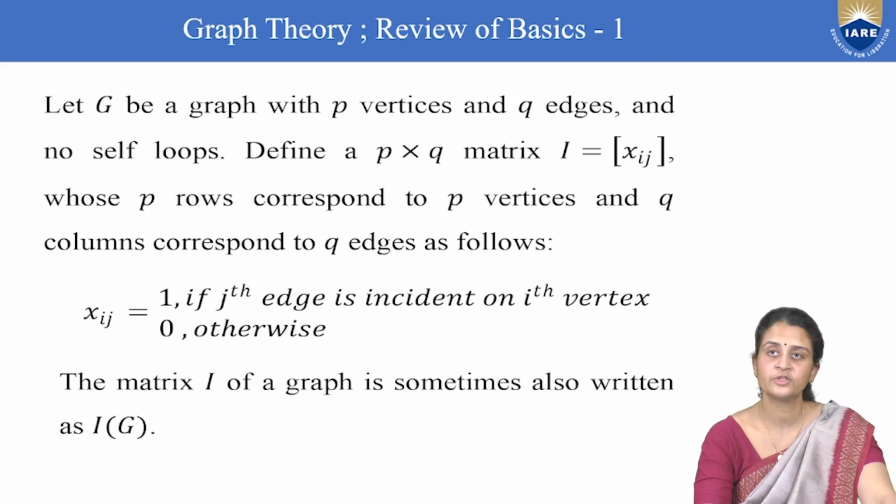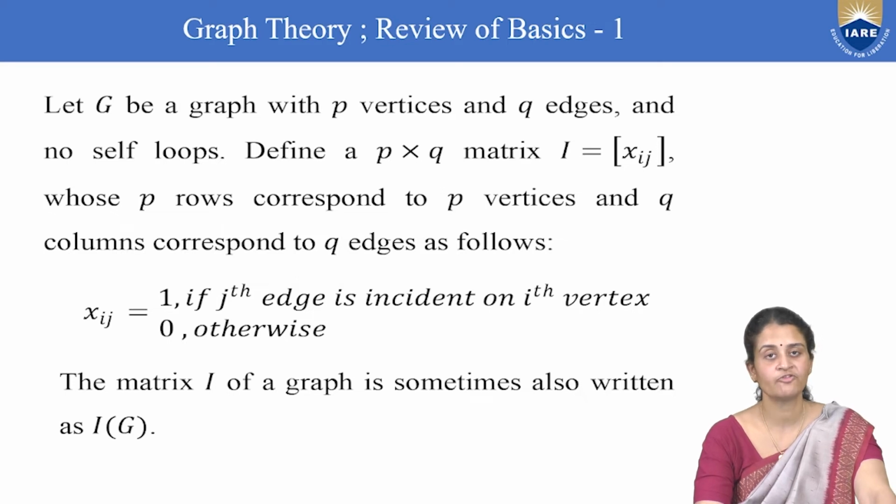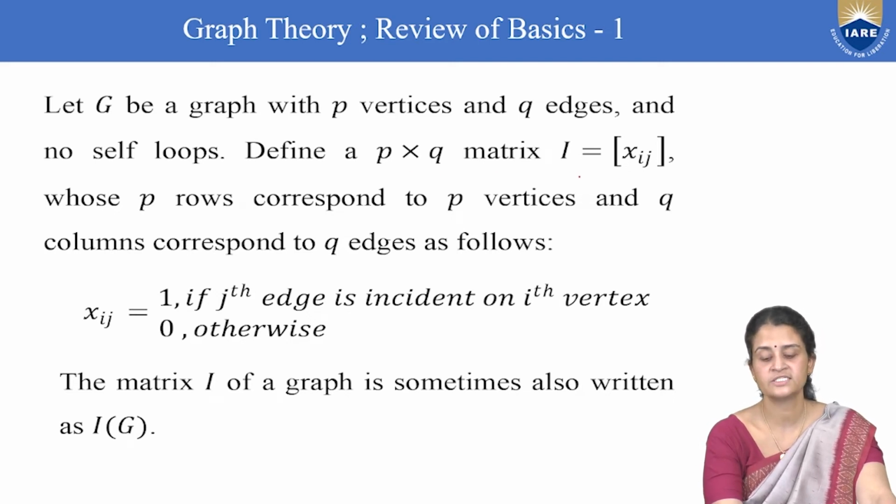So, we will see how the incidence matrix of a graph is defined. Let G be a graph with P vertices and Q edges and no self-loops. Okay, it can be a multi-graph but not a pseudo-graph. We define a P by Q matrix I equal to [Xij], whose P rows correspond to P vertices and Q columns correspond to Q edges.